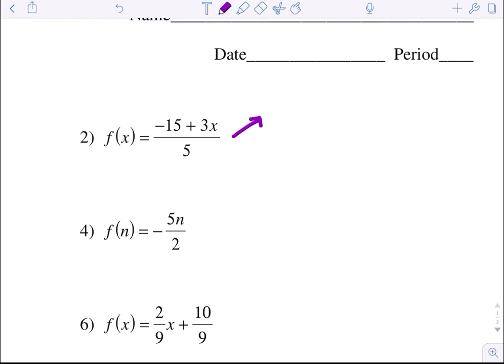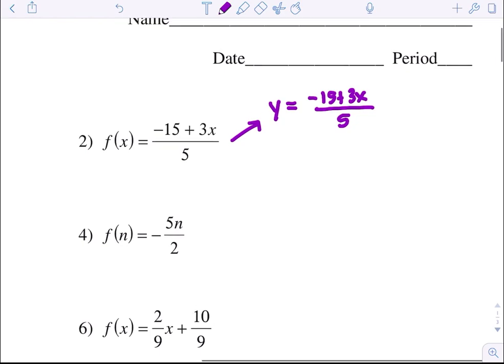So first step is to make the f of x become y. Second step is you switch your guys' x and y. So the y is going to be an x, and the x is going to be a y. And now we solve for our new y.